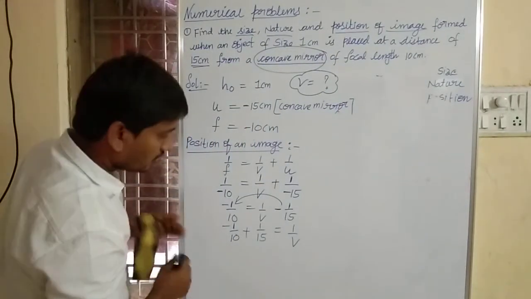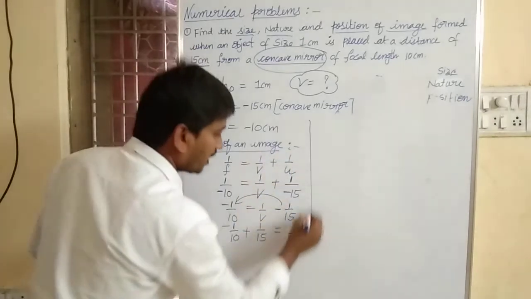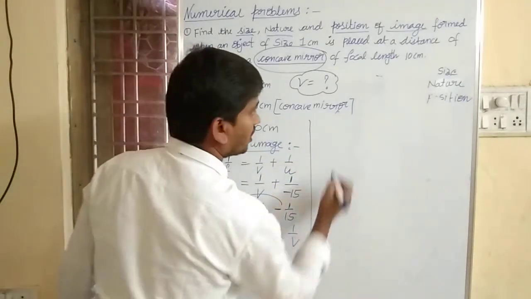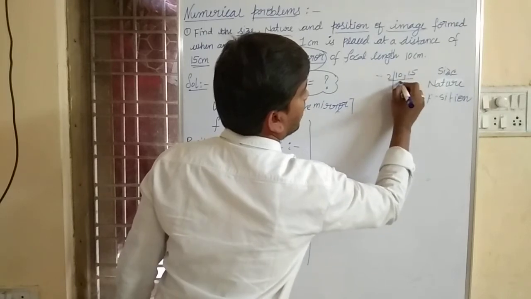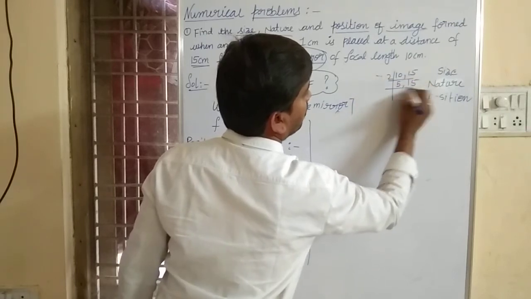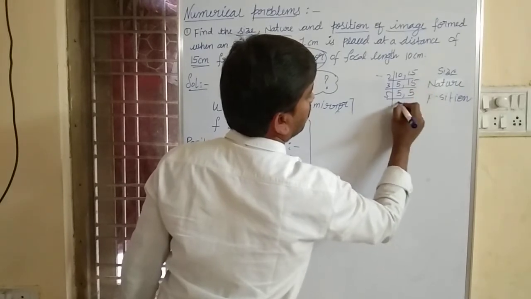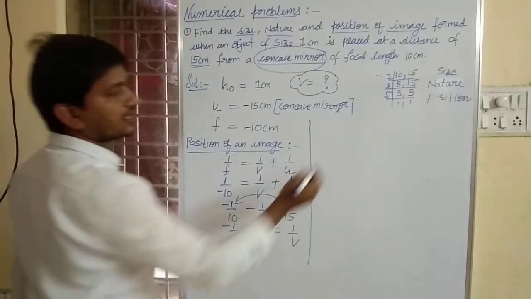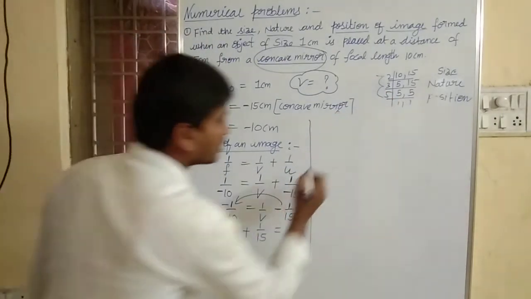Now you find the LCM of 10 and 15. Let me write over here. What is the LCM of 10, 15? 2 5s are 10, 3 5s are 15, 2 3s are 6, 6 5s are 30. So LCM is how much?